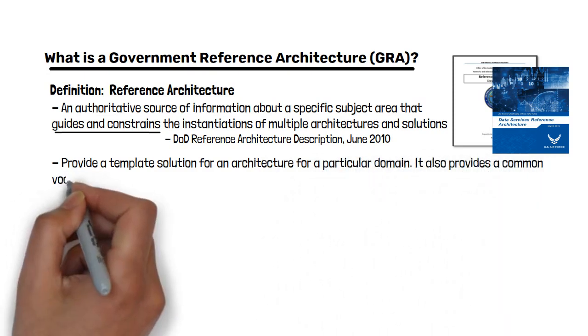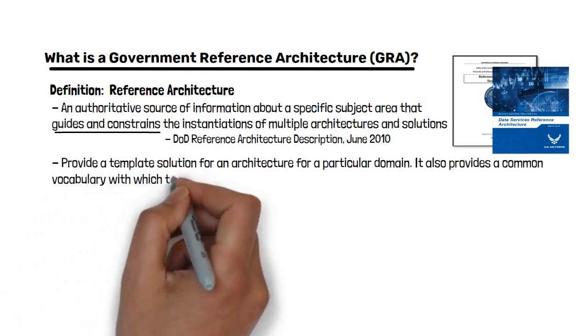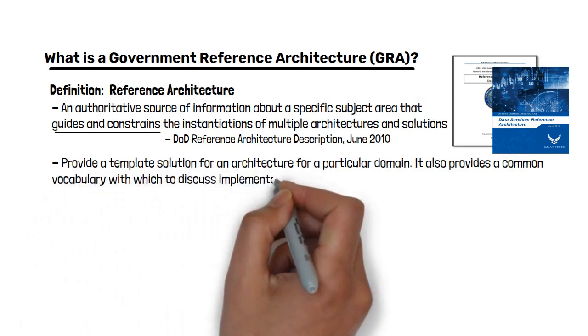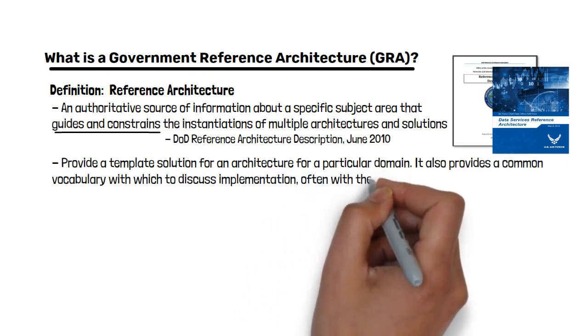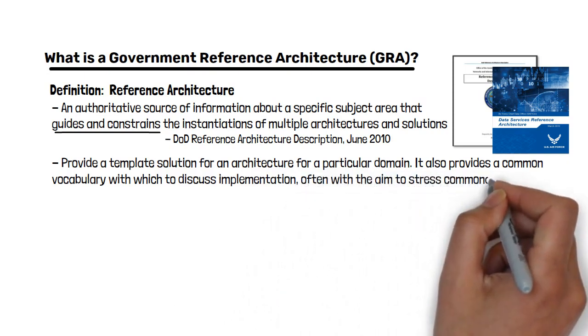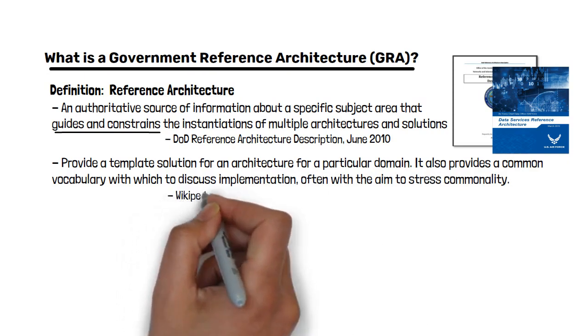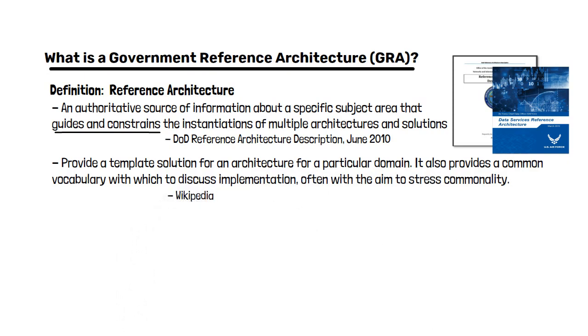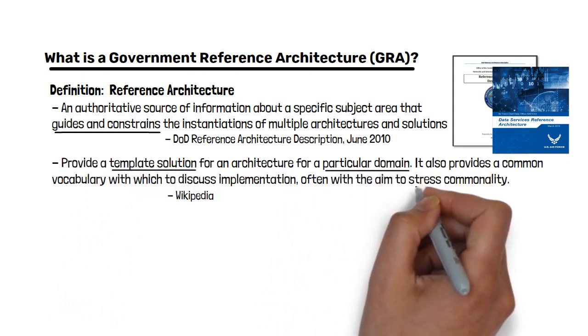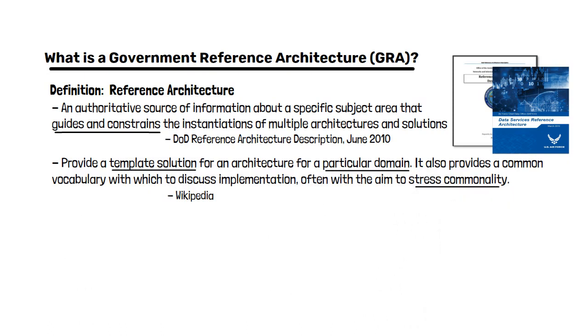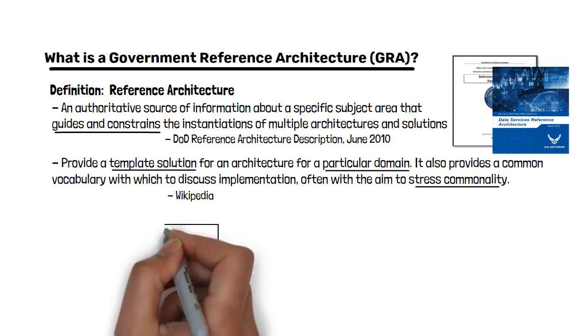Another definition for a reference architecture was taken from Wikipedia, which states a reference architecture provides a template solution for an architecture for a particular domain. It also provides a common vocabulary with which to discuss the implementation, often with the aim to stress commonality. Here the keywords are template solution and for a particular domain, as well as the aim to stress commonality.